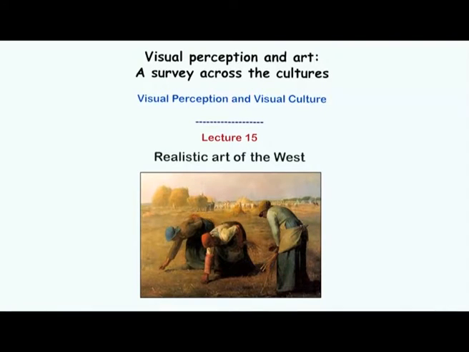This is lecture number 50 in this course, and we will be discussing the realistic art of the West. Realistic art is something that we have already referred to when we were talking about the mimetic art.